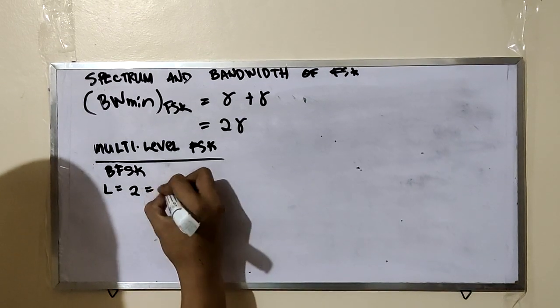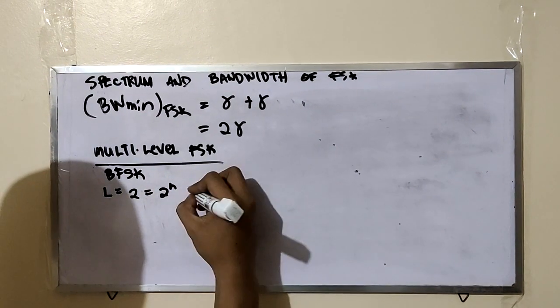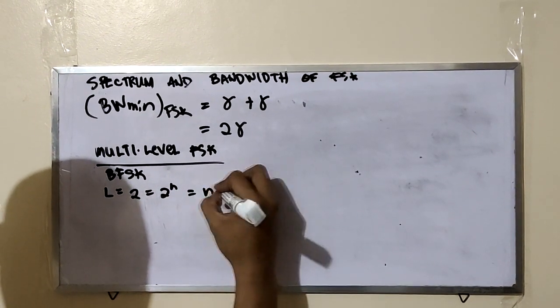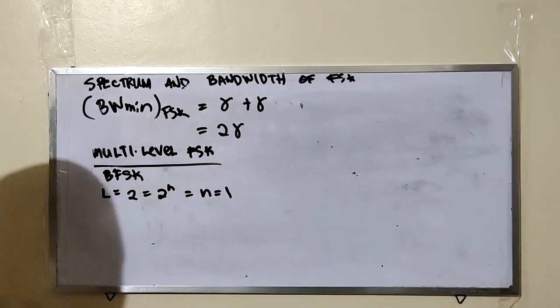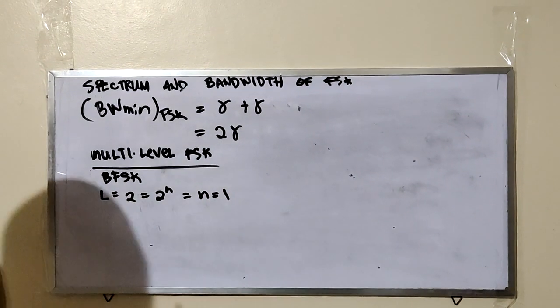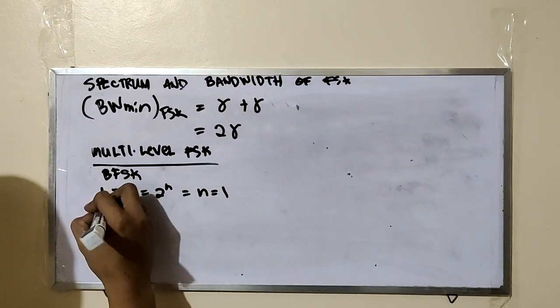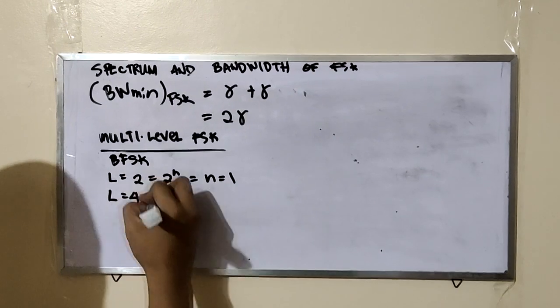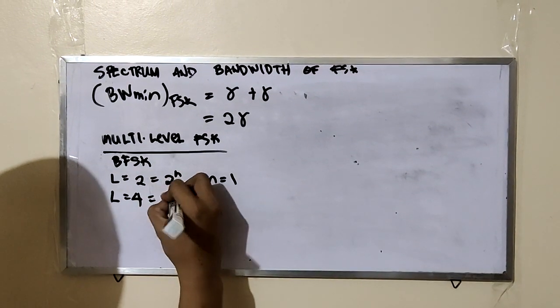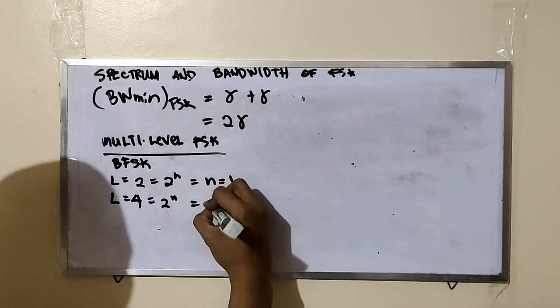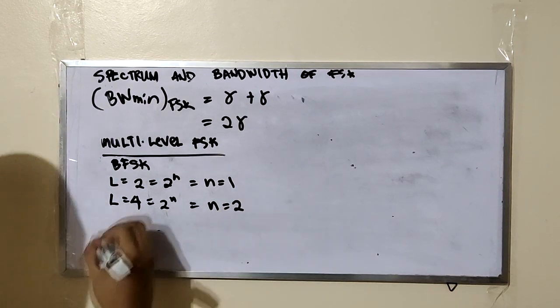So 2 raised to n, and n is equals to 1. Number of bits: when L is equals to 4, 2 raised to n is equals to 2.